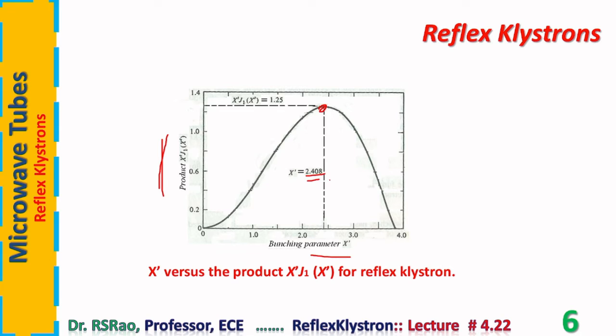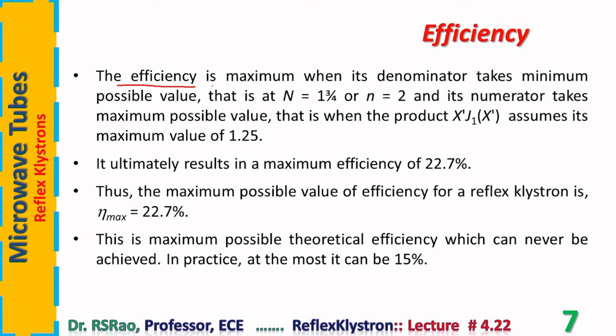The product at this value of x prime is 1.25. It implies efficiency becomes large when bunching parameter value is 2.408. The efficiency is maximum when its denominator takes minimum possible value, that is 1 3 by 4.